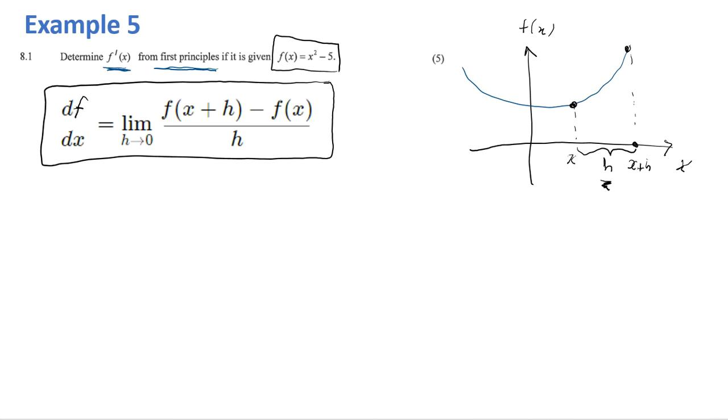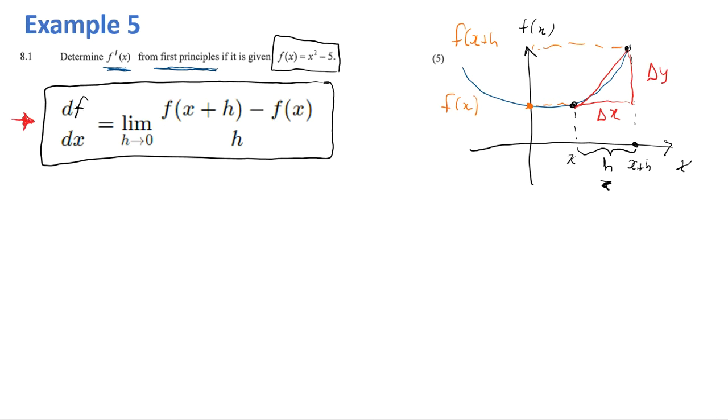Okay, and then what we've got here on the y-axis is the function value at the point x, and here on the y-axis is the function value at the point x plus h. Okay, now if you can recall the slope of the tangent line, that's nothing more than delta y over delta x, okay, and this is where this equation stems from.